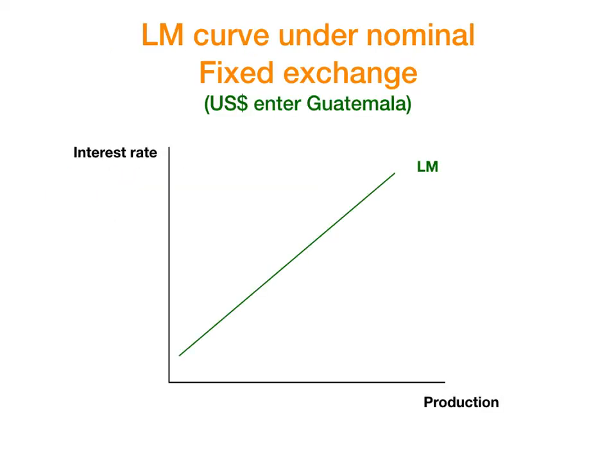Okay, now let's talk about the LM curve and what is going to move the LM curve under these two exchange rate regimes. Let's consider the first case, fixed exchange rate, and let's talk about Guatemala again.